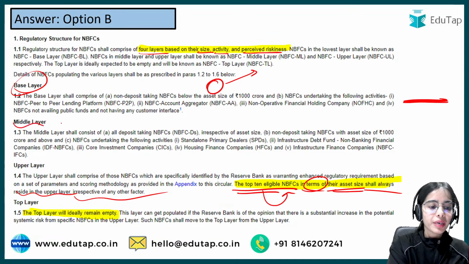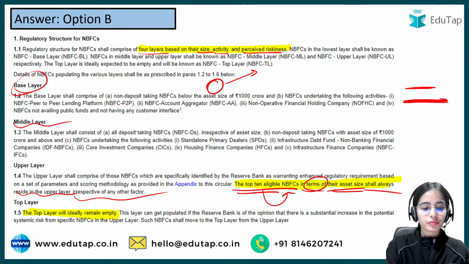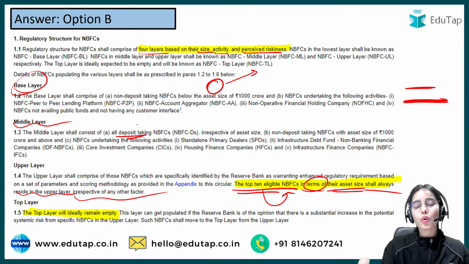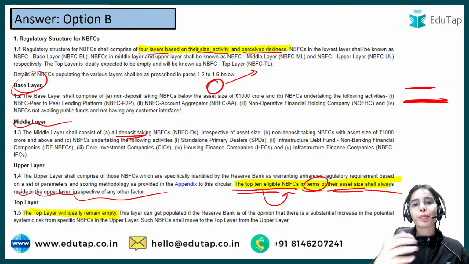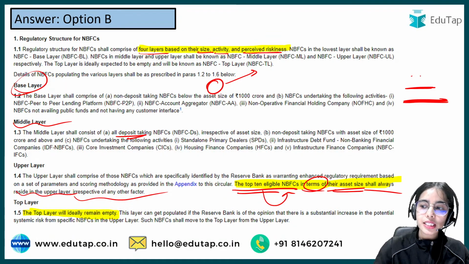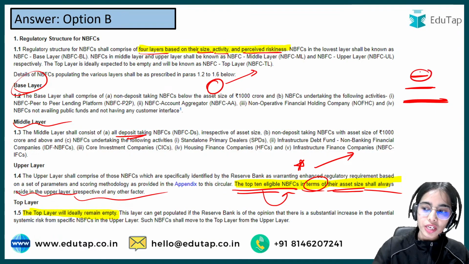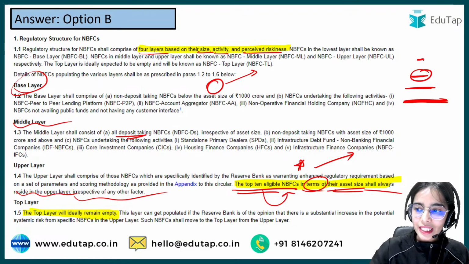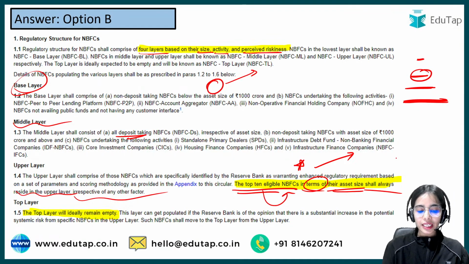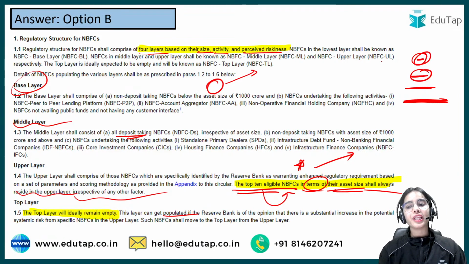Then there is the middle layer that takes into account all deposit taking NBFCs, so they are more risky because they are interacting with the public and taking the money of the public. Then there is the upper layer, that is very big NBFCs that have huge asset size, so they will have to follow the higher norms. And then there is the top layer that will remain ideally empty, but it can get populated on the basis of the opinion of the RBI.